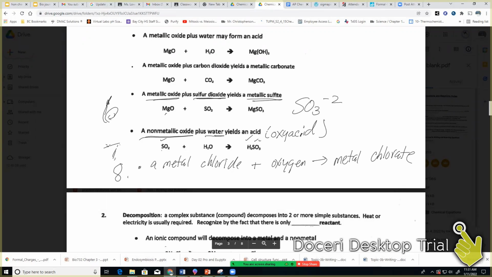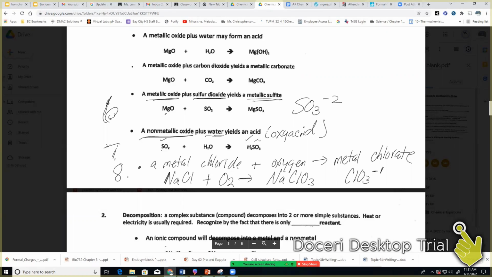And the chlorate is ClO3 minus 1. So if I looked at an example of that, we'll just do good old table salt. Sodium chloride combines with oxygen, it's diatomic, to give me sodium chlorate.